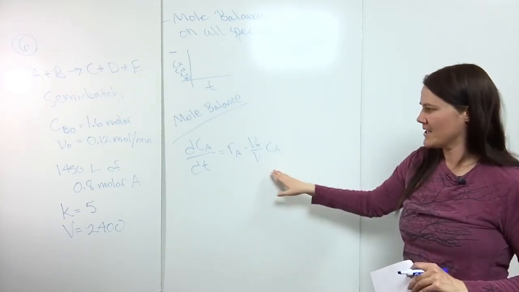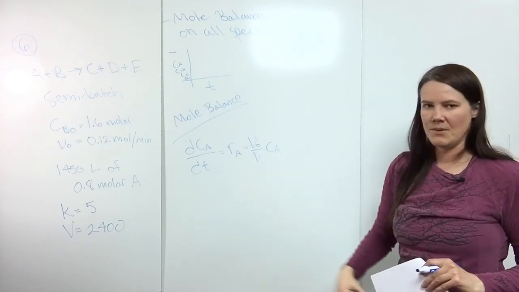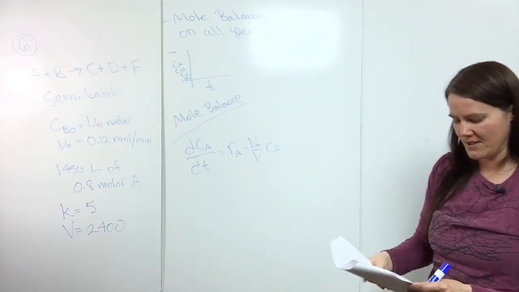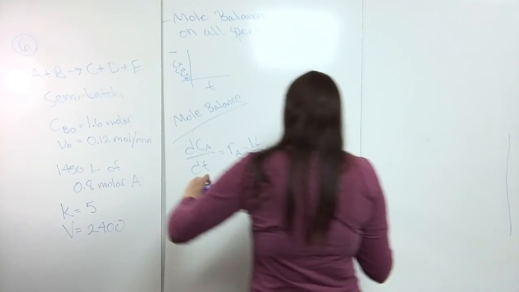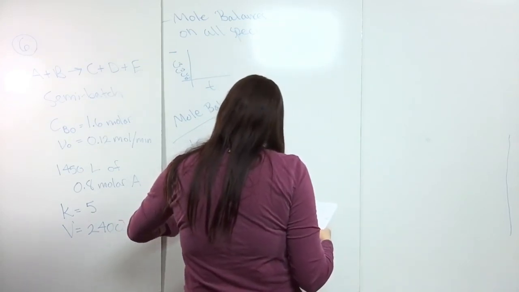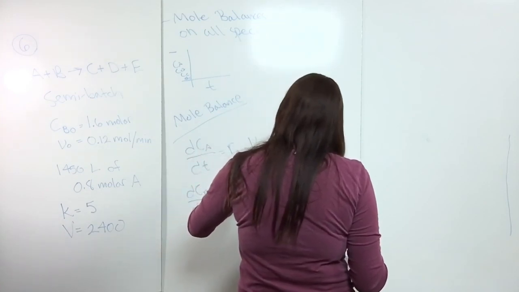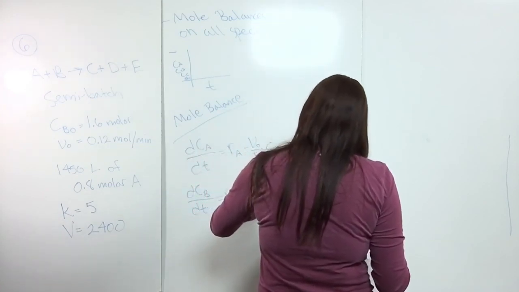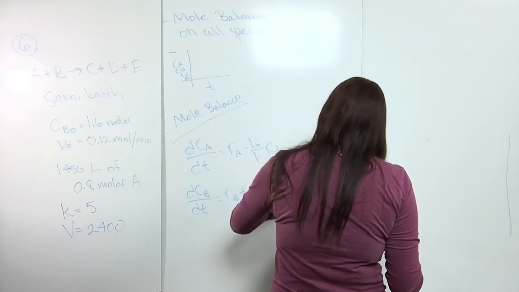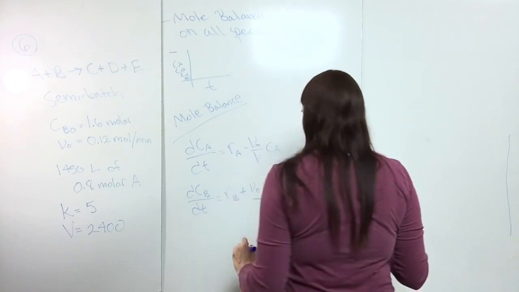And you don't need to rederive the mole balance every time, but you should know where these come from, so then you know how to do these balances. So dCB dt is equal to RB plus V naught times CB naught minus CB over V.